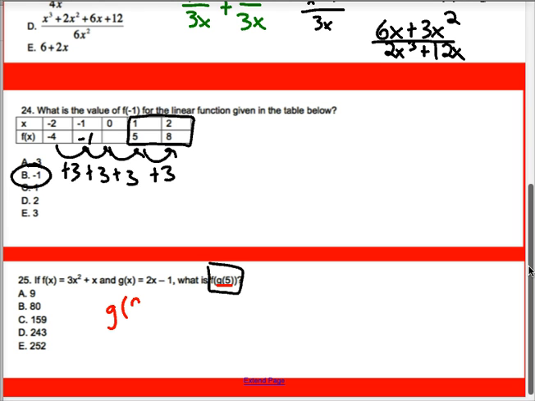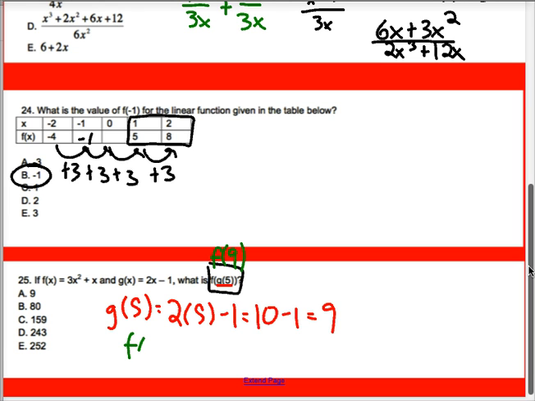I'm going to evaluate what is g of 5. Well, when I calculate g of 5, 10 minus 1, I get 9. So if g of 5 is 9, really what I have is f of 9. That's what I actually want to calculate.